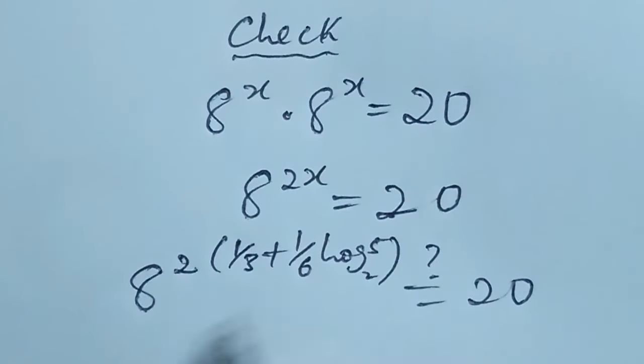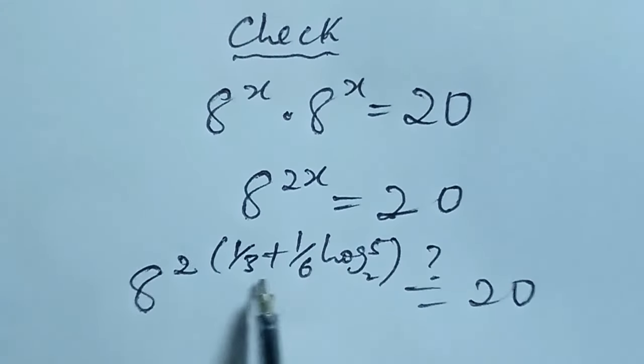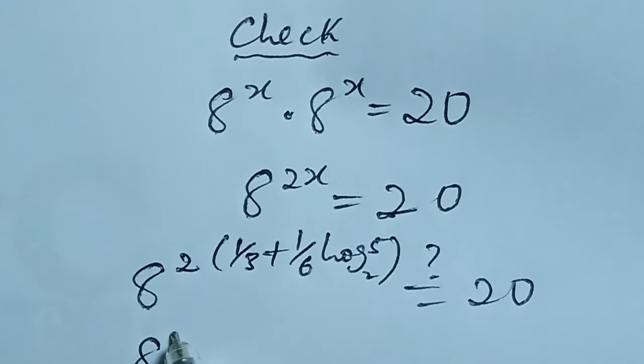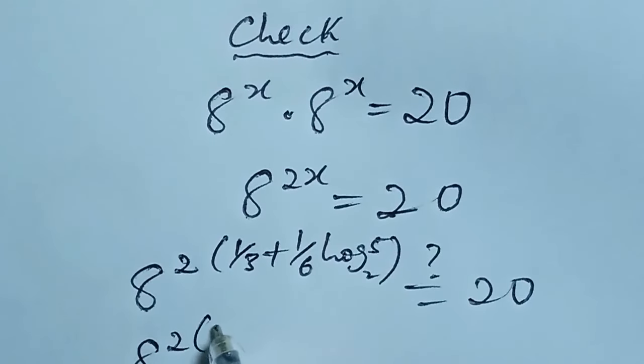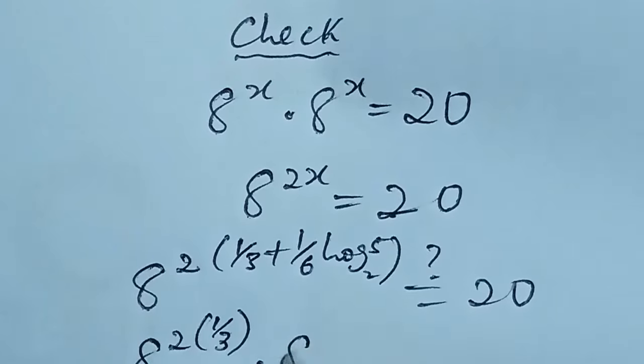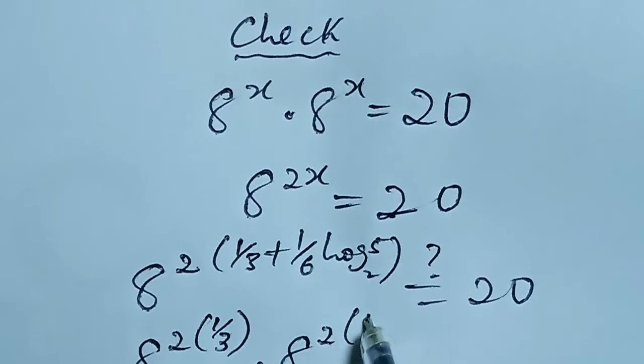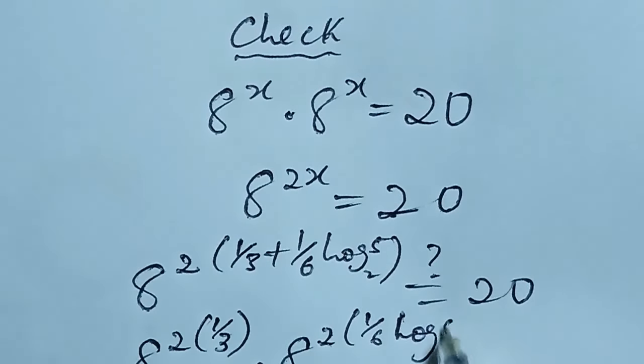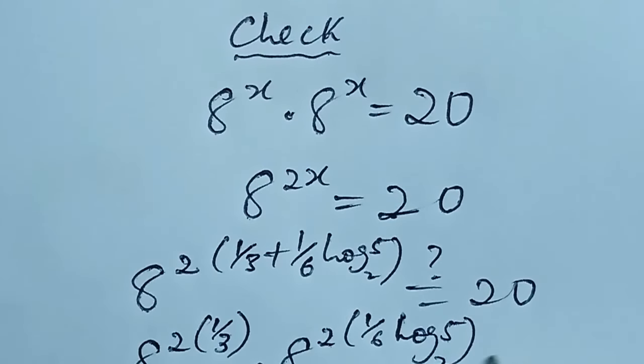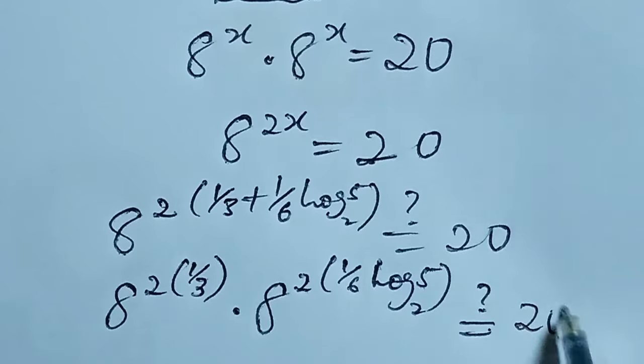So writing this in a separate form, we have 8 to the power of 2 into bracket 1 over 3 multiplied by 8 to the power of 2 into bracket 1 over 6 log 5 base of 2. Would that be equal to 20?